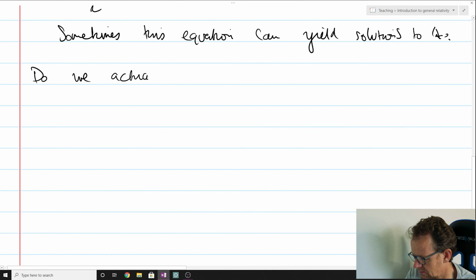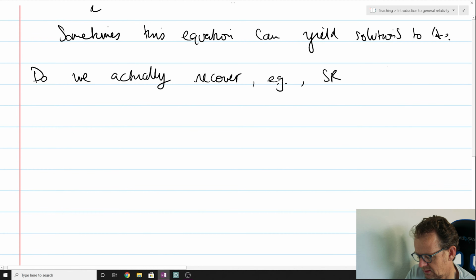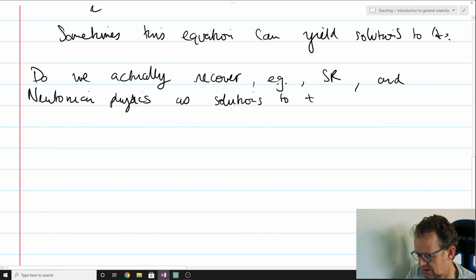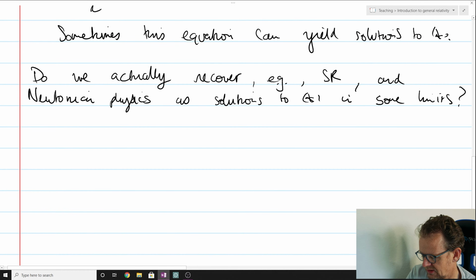In the limits where the previous laws of physics apply, do we actually recover, for example, special relativity and Newtonian physics as solutions to Einstein's field equations (star) in some limits, or in the limits where c goes to infinity or big G goes to 0?